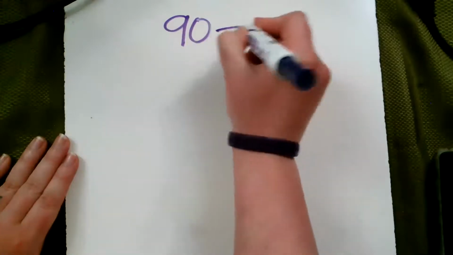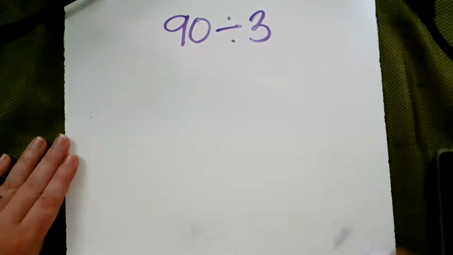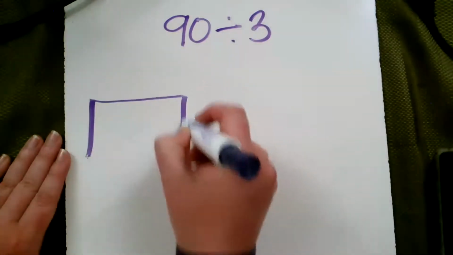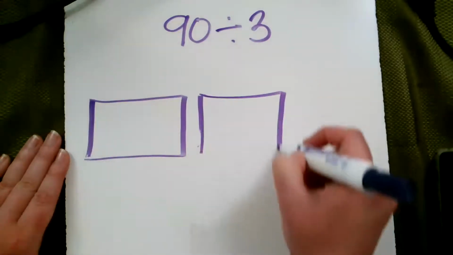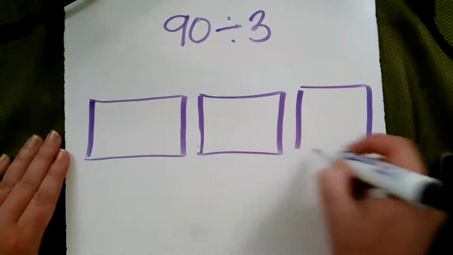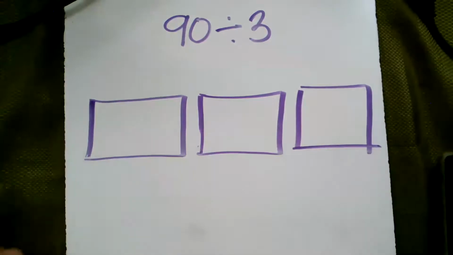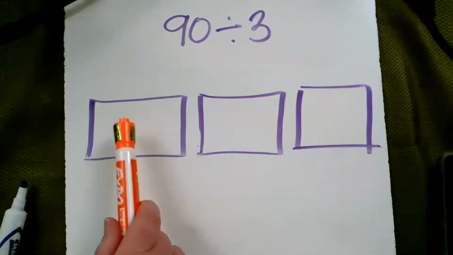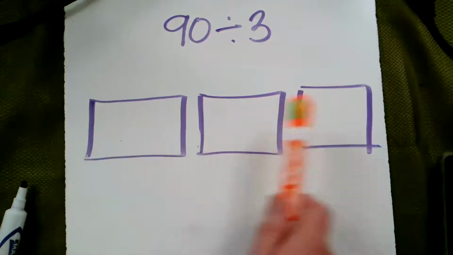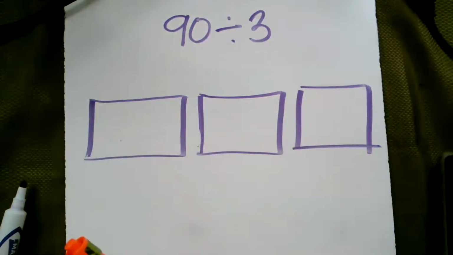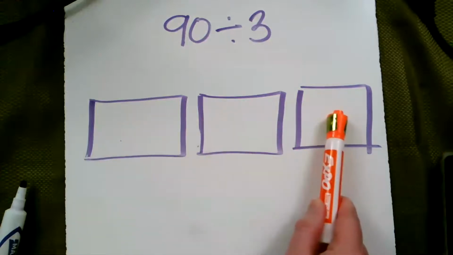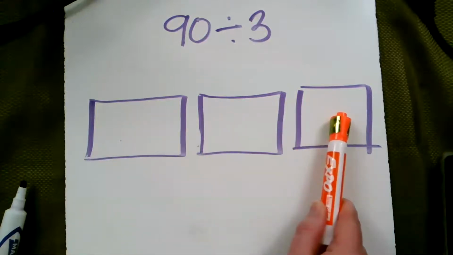90 divided by 3. So I'm going to use money. Make my 3 groups. If I gave each group $10: 10, 20, 30. Well, I can get closer than that. How about $20 apiece? 20, 40, 60. Well, I can get closer.